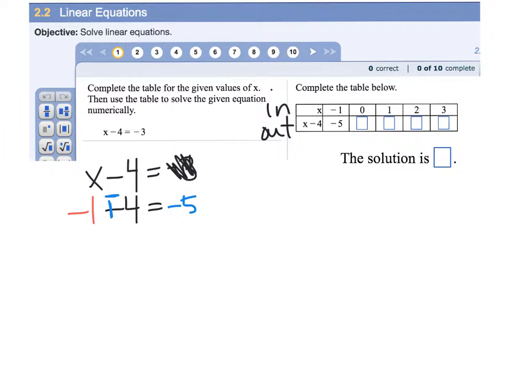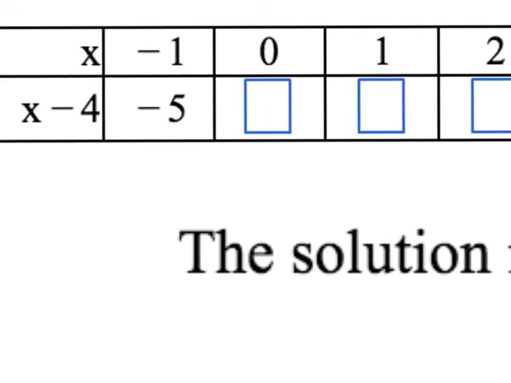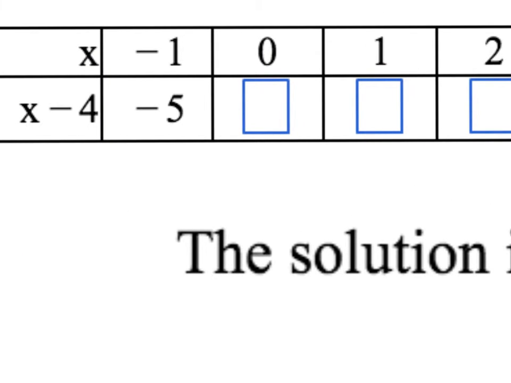So now we're going to input a 0. So I'm going to take that formula, which is x minus 4, but now I'm going to input a 0 minus 4, and 0 minus 4 is negative 4. So that means this guy right here is going to be a negative 4.